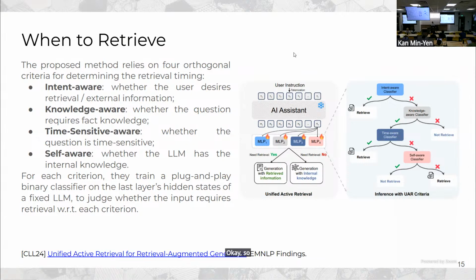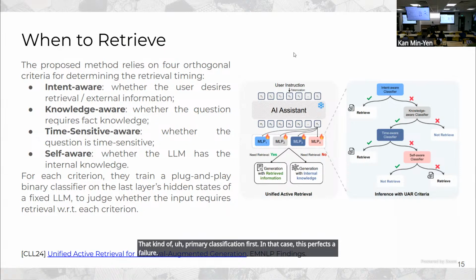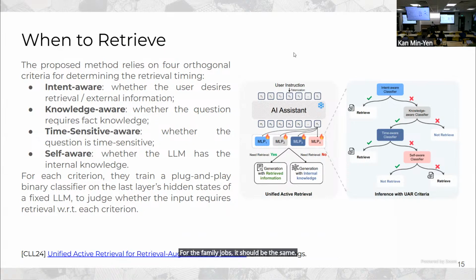For a specific kind of query, if it has a high hit rate, then we put that classifier first. In that case, it affects the efficiency. For the final result, it should be the same, since we perform a decision tree. That's my answer. Thank you.